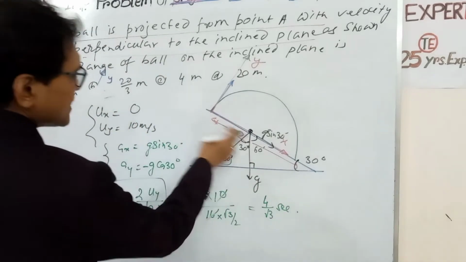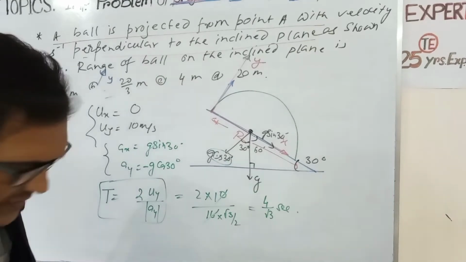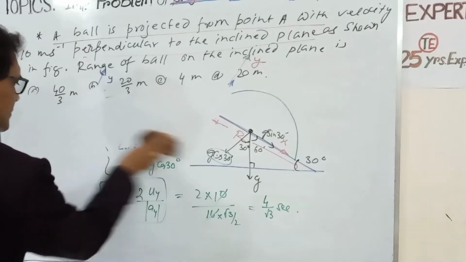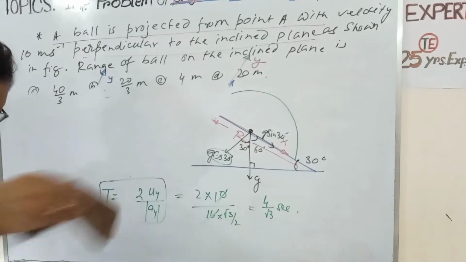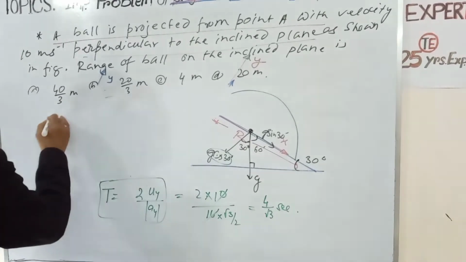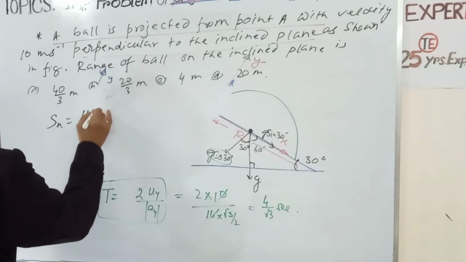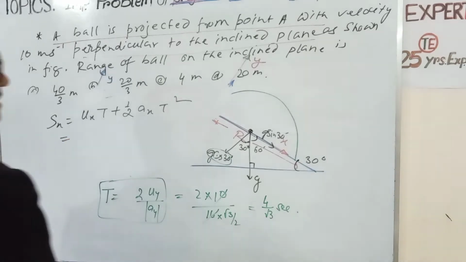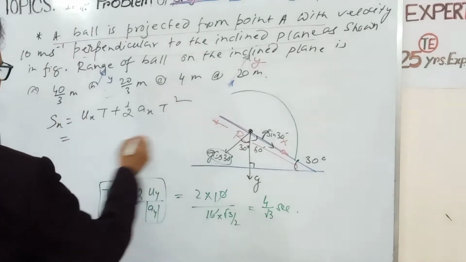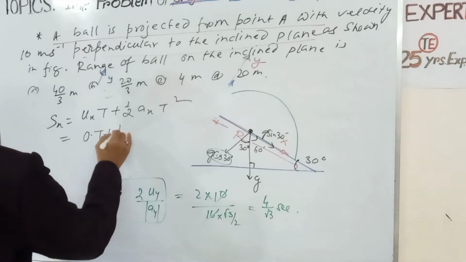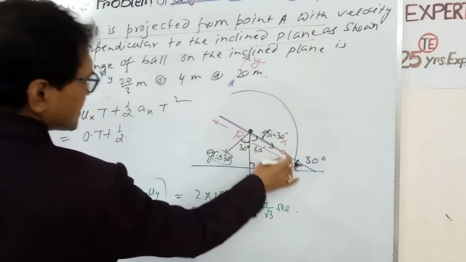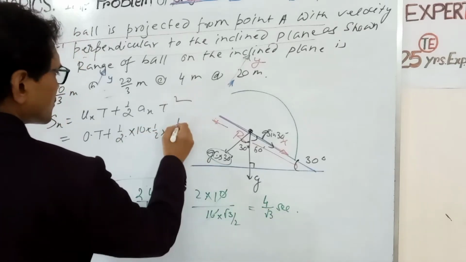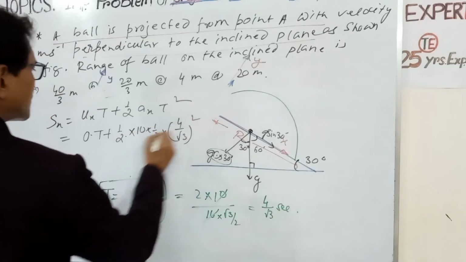Now range means displacement along x direction. So displacement along x direction Sx equals uxt plus half ax t square, which is equal to ux is 0, times t, plus half ax, means g sin 30 degree, that is 10 times half, and t equal to 4 by root 3 squared.